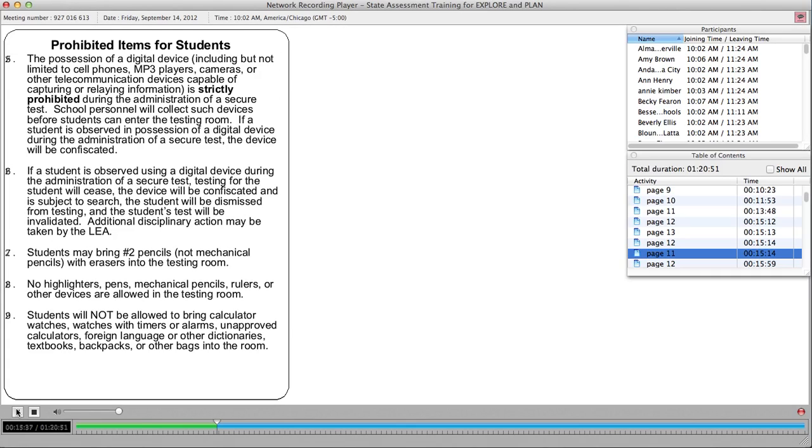Students will not be allowed to bring calculator watches with timers or alarms, unapproved calculators, foreign language or other dictionaries, textbooks, backpacks, or other bags into the room. All they'll need to bring is a number 2 pencil and an approved calculator, and we'll go over that a little in the next section.